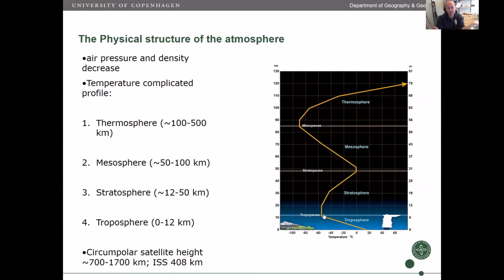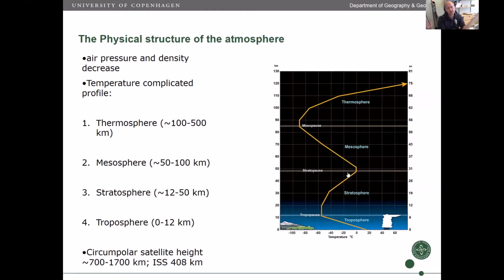But why doesn't this then continue throughout the atmosphere? Well, when we come up here in the stratosphere, we have a different pattern. And the reason for this is that here in the upper part of the stratosphere, that's where we have the ozone layer. This is where the highest density of ozone is located.